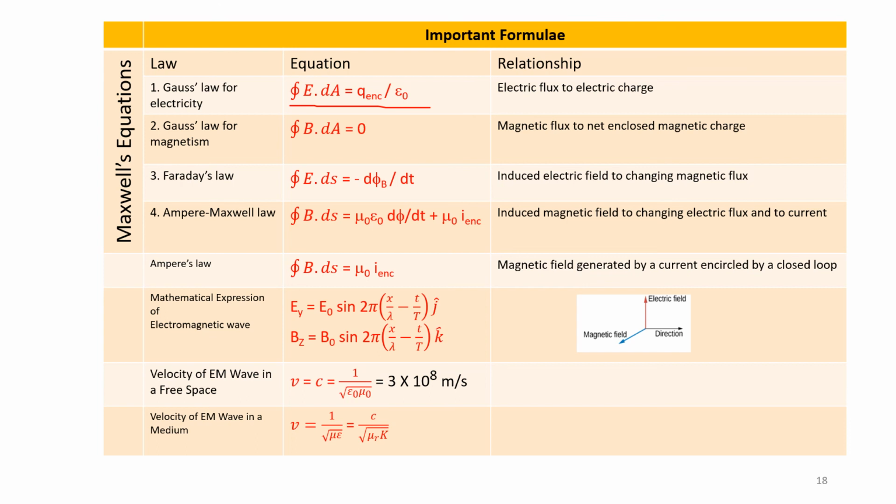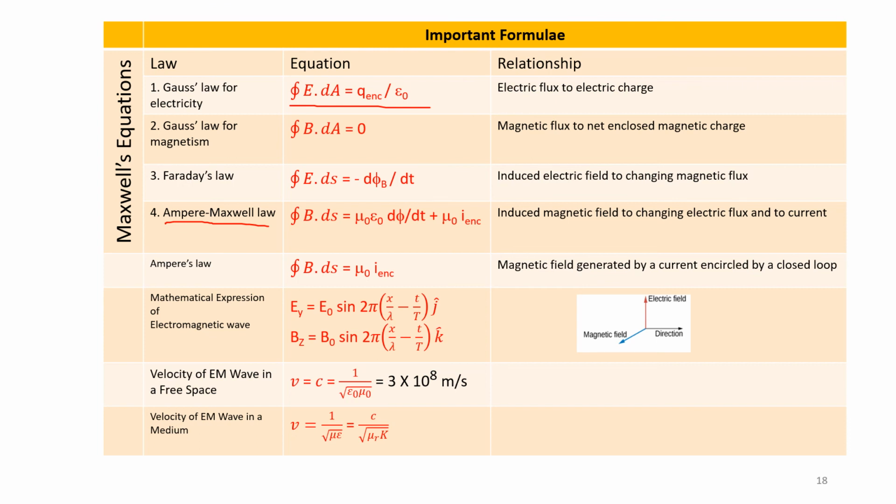It is added so that B dot ds links the magnetic field to changing electric field and to current. Therefore, the integral of B dot ds is equal to mu naught epsilon naught into d phi by dt plus mu naught into I enclosed. That is, it is adding a displacement term to the conduction current.